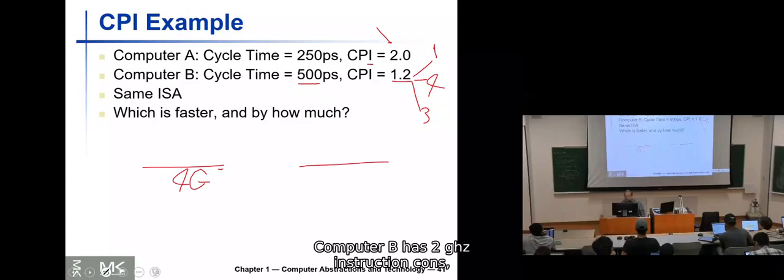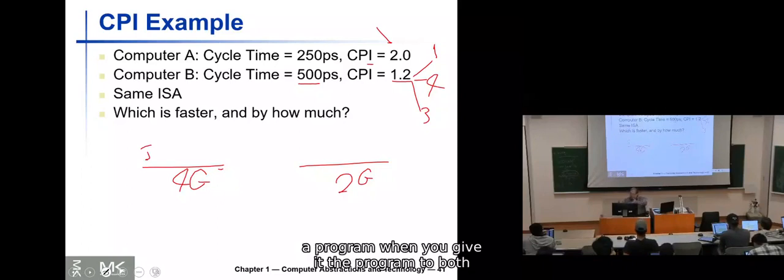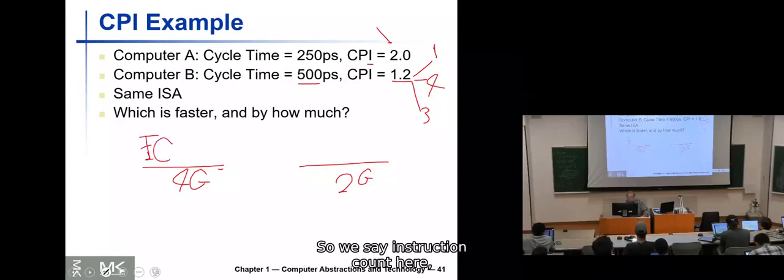Computer B has 2 gigahertz. Instruction count is the same because they have the same ISA. When you give a program to both of them, because they have the same instruction set, they have the same instruction count.